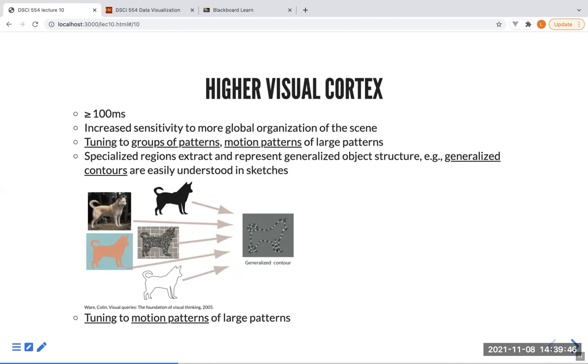And that can include groups of patterns, motions of patterns, including large ones. So some of the brain processing done in this area is trying to generalize, because we want to be able to recognize classes of objects.